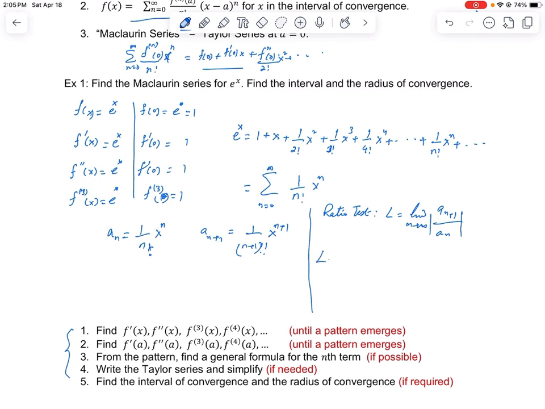So L will be the limit as n goes to infinity, in absolute value, of 1 over (n+1) factorial x to the n+1, divided by a_n, which means multiplied by n factorial over x to the n. You know how we do it.